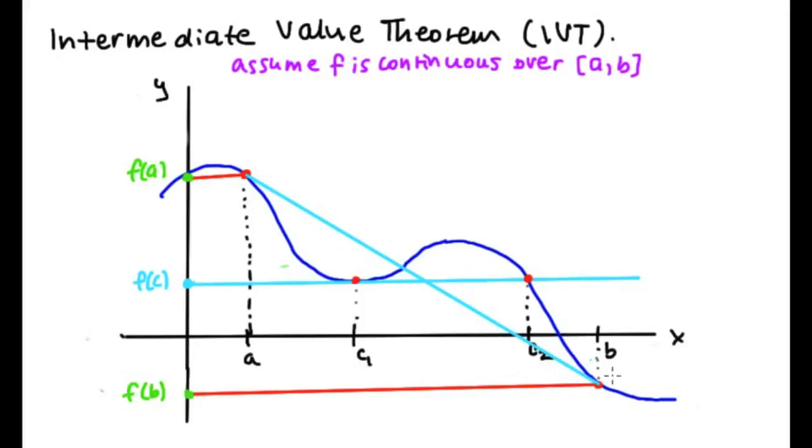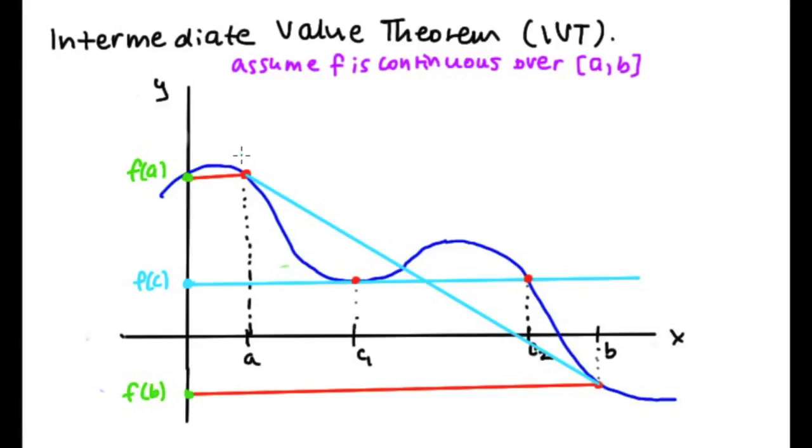So this light blue line might explain it a bit better. All these points on this light blue line, because it's also continuous, it makes sense, right? And with this light blue line, you can see it even better. Like f of C, if there's an f of C, there's going to be this C value that is between A and B, because obviously this graph includes all those points.